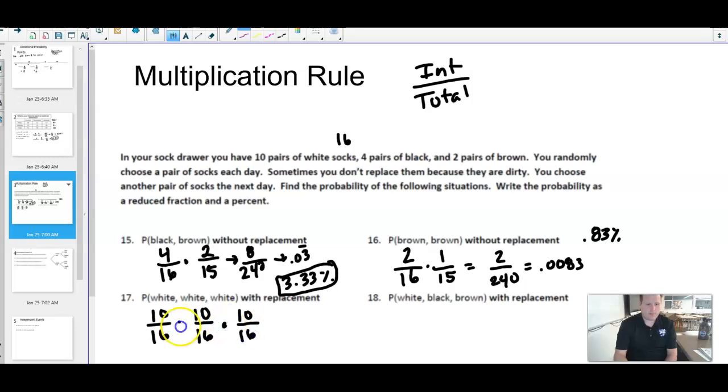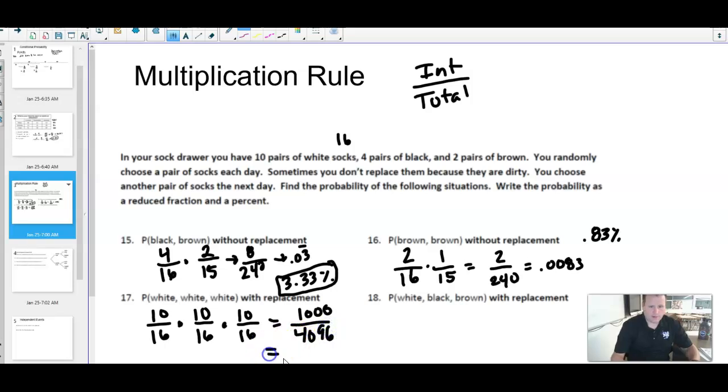And then I want a white again, it's just going to reset again, 10 out of 16. Because my multiplication rule just says we're going to multiply all these together to get what I need here. So I take my numerator, 10 times 10 times 10, which gives me 1,000, and then 16 times 16 times 16 gives me 4,096.